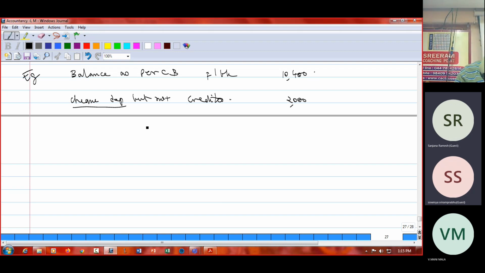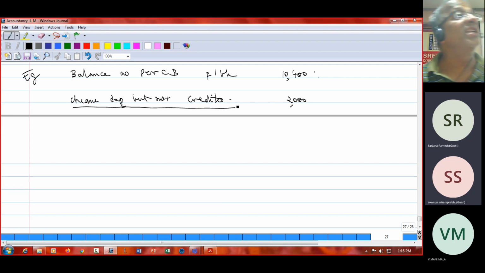Here, what is the balance? Debit or credit? Debit. Favorable balance, debit. Checks deposited but not credited: in which book is this entry there? Cash book. Do I have a corresponding entry in the passbook? No. How do you call this item?